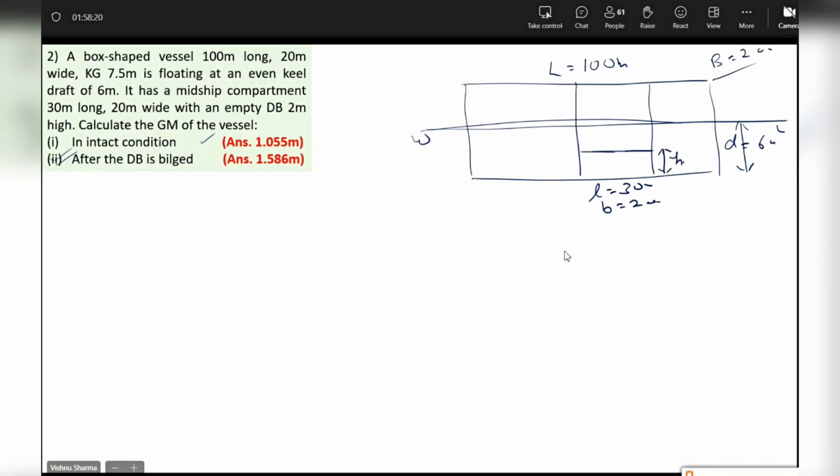As I said, the height of the double bottom will be represented by this 2. Calculate the GM after the double bottom is bilged, guys.